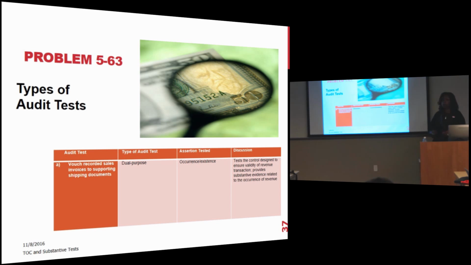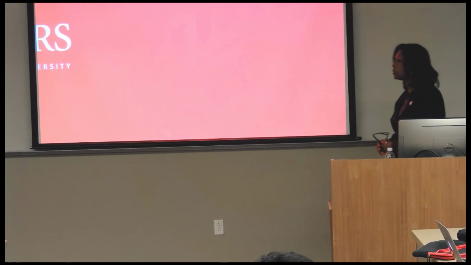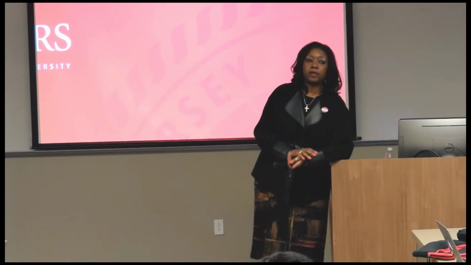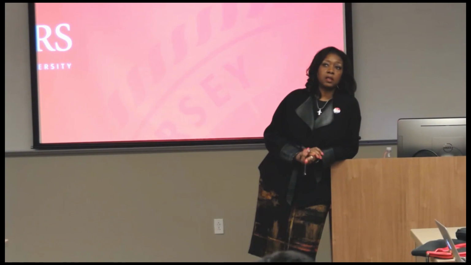Let's take some time to do working groups next to your seat mate and address C through M, I believe. All right, so for B, inspecting the recorded sales invoice for credit approval. When you perform that test, what will you know? What evidence will you have?